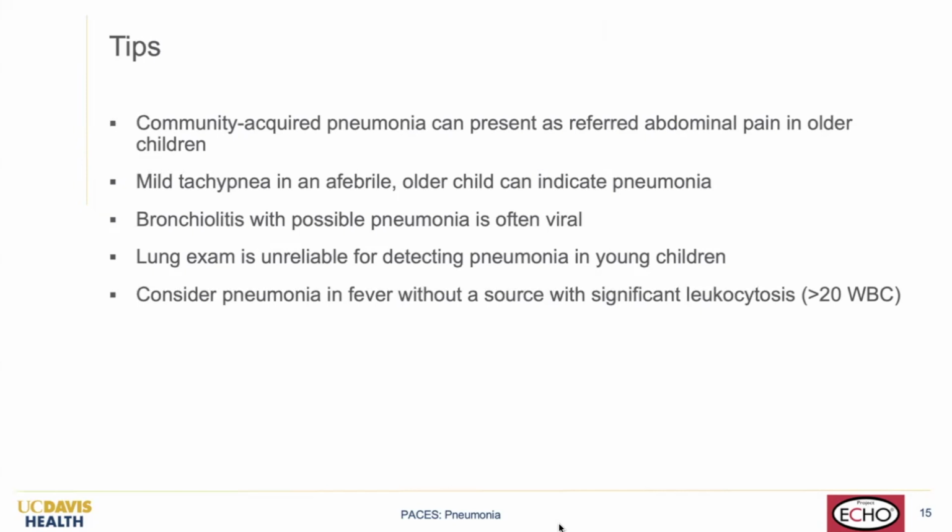And so in these kids, that's part of the reason, and we talked about this with our bronchiolitis, that we don't get x-rays routinely in our kids where we have a high suspicion for bronchiolitis, because seeing lung findings can make it challenging to try to decide if it's bacterial or viral. And because it is more often viral, we end up kind of chasing our tail a little bit. So sort of trusting your clinical exam in those patients.